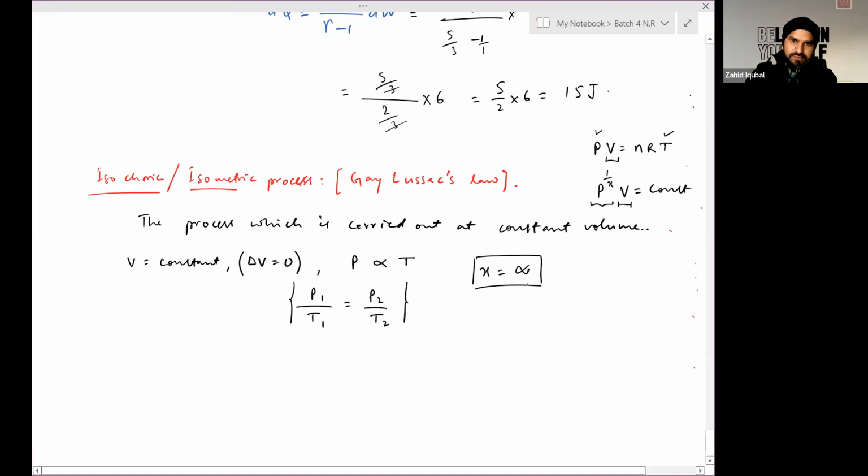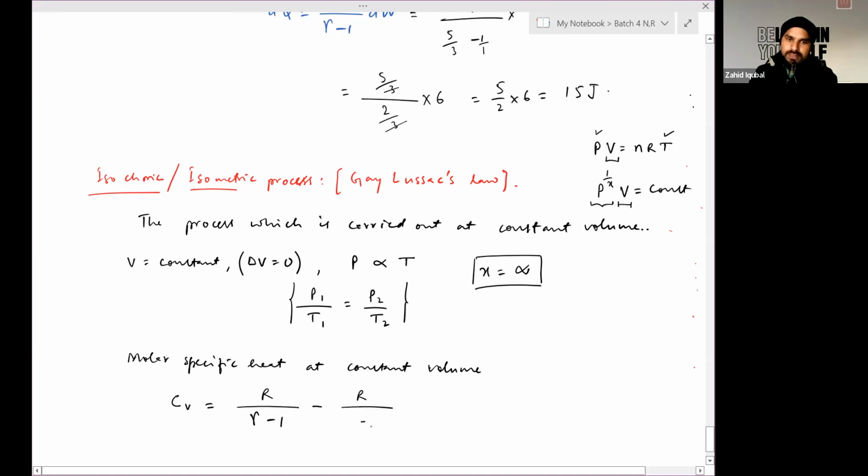Now putting the value of x to be infinity in molar specific heat at constant volume, you will get CV equals to R divided by gamma minus 1 minus R divided by x minus 1.